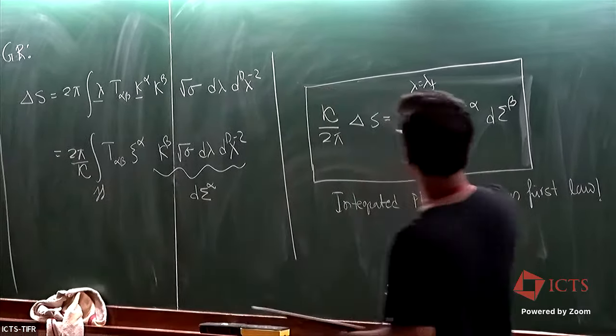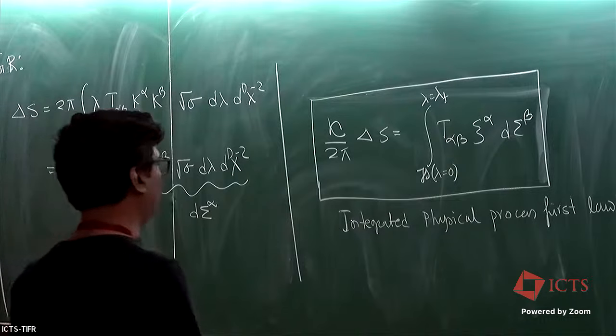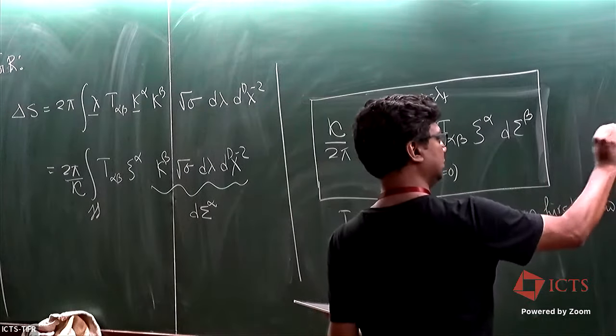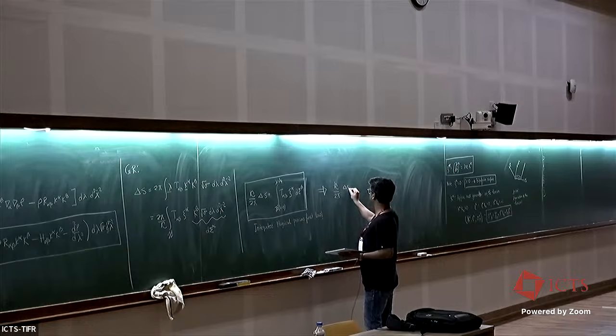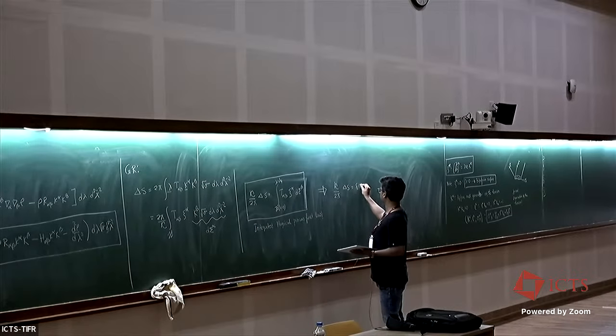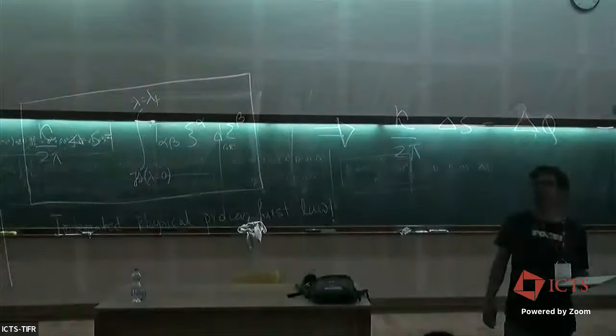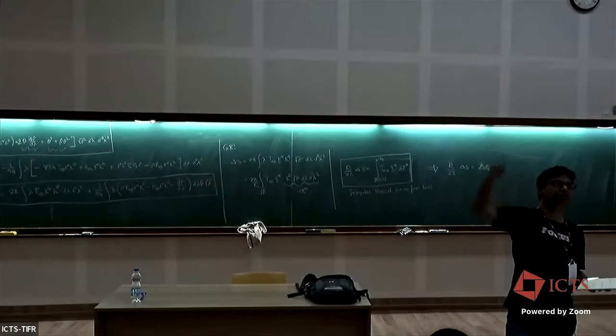It is only possible because I'm doing it in first order perturbation. So therefore, from this, I will be able to write kappa by 2 pi delta S equal to delta Q. I use the same notation because this is also the integrated flux, the total integrated flux, whatever has fallen in between the bifurcation surface and the future horizon.